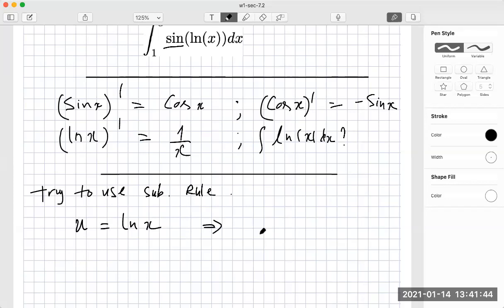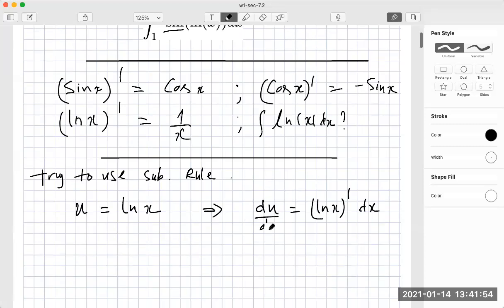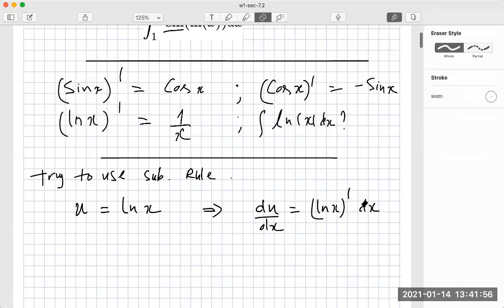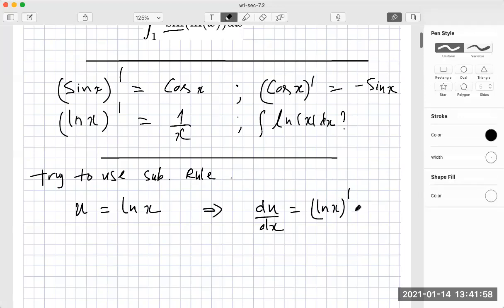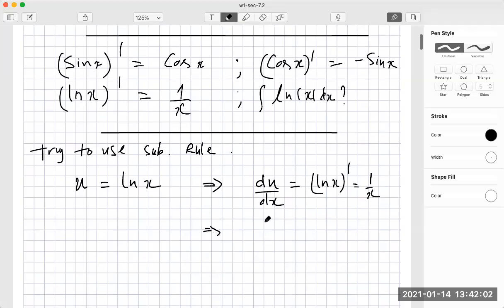If we take the derivative of both sides, we know that du will be, let us do it slowly here, and we know that this guy is 1 over x. Therefore, the relation between these two guys will be du is 1 over x dx, right?